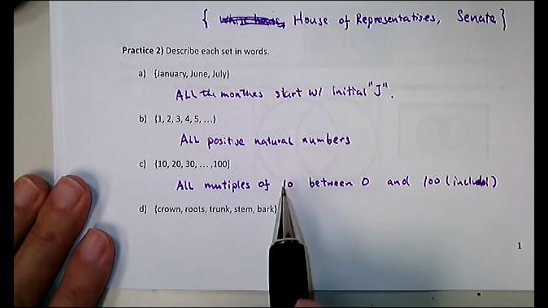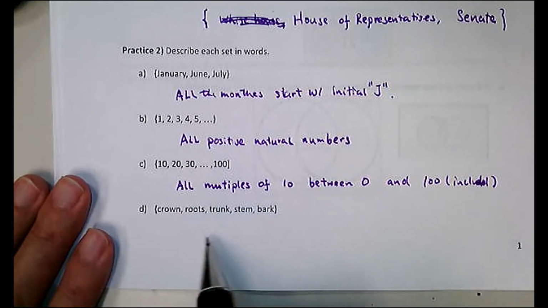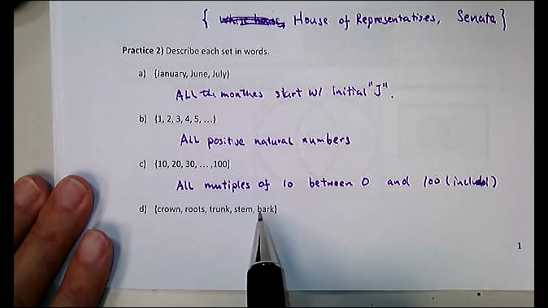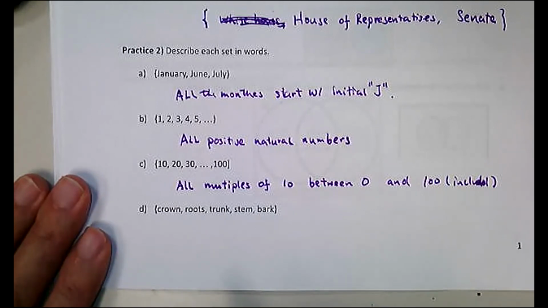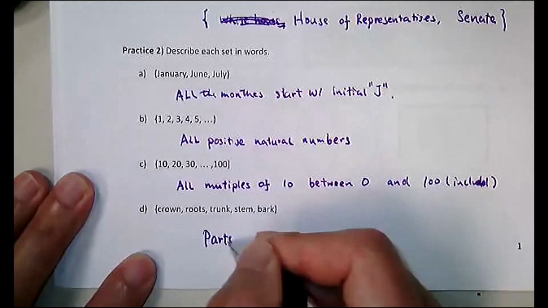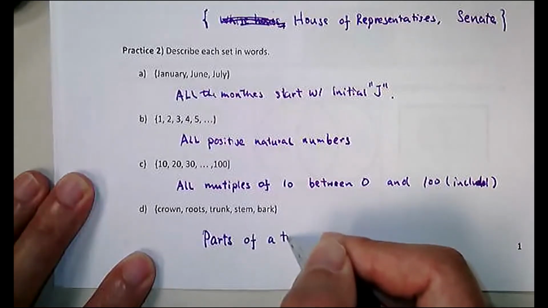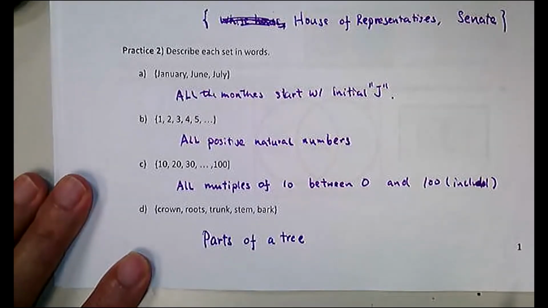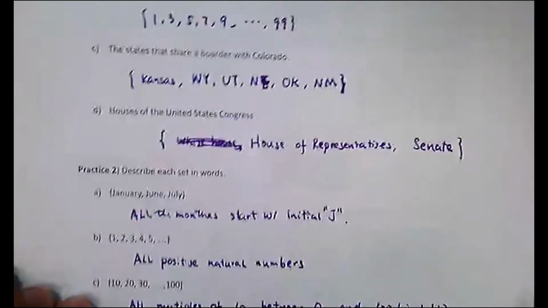But I'm pretty sure all of you have taken some high school biology. So what is this set about? Parts of a tree. Very good. That's it. We're done with the first page of the lecture notes.